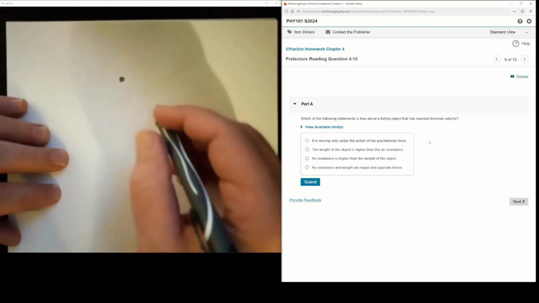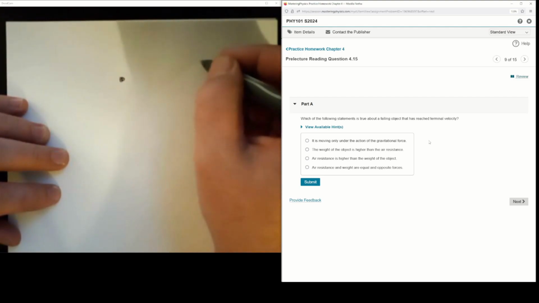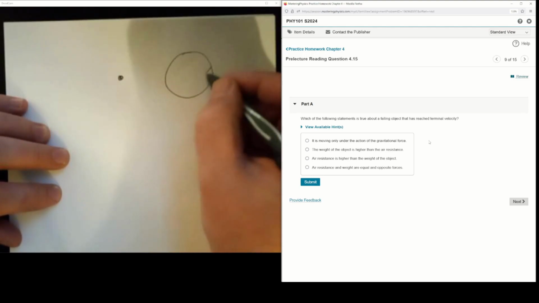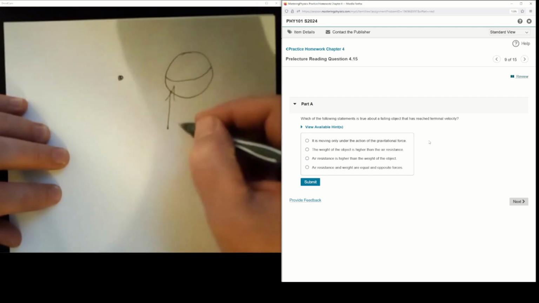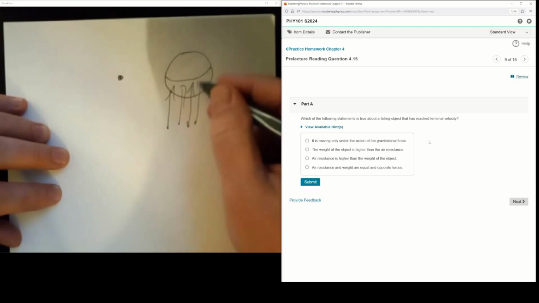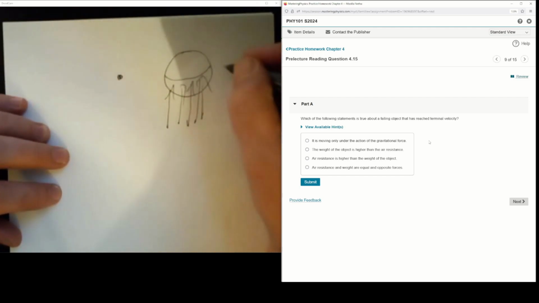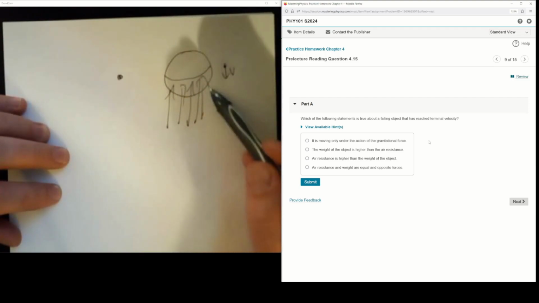Not only does it depend upon, let me just use a sphere again, how much contact you have with the air, but it also depends upon what your velocity is that this thing is falling at.